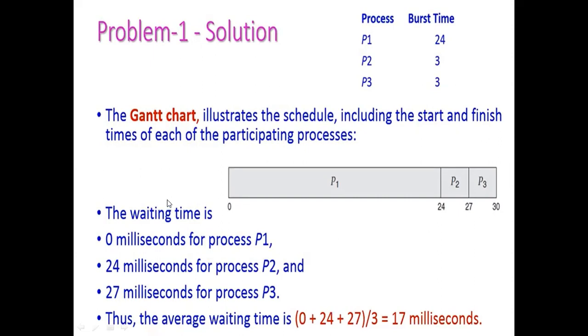So the average waiting time is (0 + 24 + 27) divided by 3, and we get 17 milliseconds. This is the average waiting time.